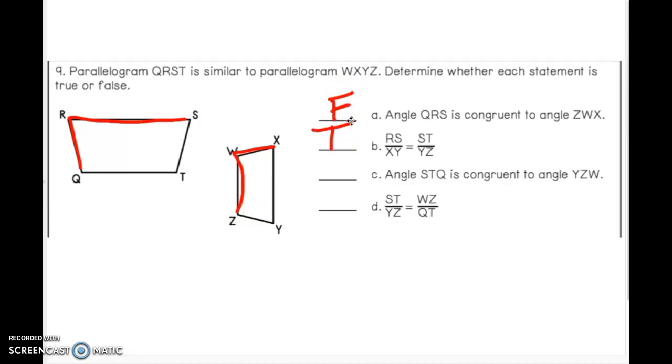This one is true. Angle STQ is congruent to YZM. So this angle right here is congruent to YZ. So is this one congruent to this one? Yes, it is. If we were to rotate it over, it would sit on top.